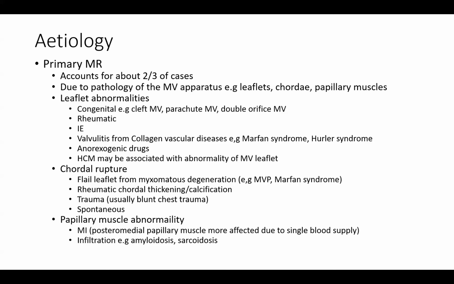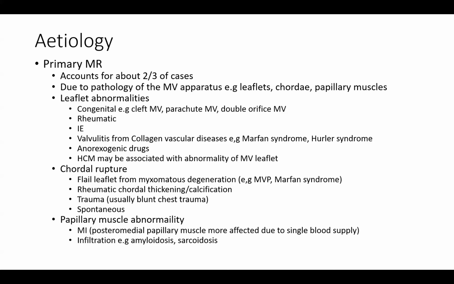Papillary muscles could also become abnormal, either from infiltrative diseases like amyloid and sarcoid, or more commonly from myocardial infarction. And as we discussed the last time, because of the blood supply, the anterior papillary muscle has a dual blood supply, while the posterior papillary muscle has a single blood supply.